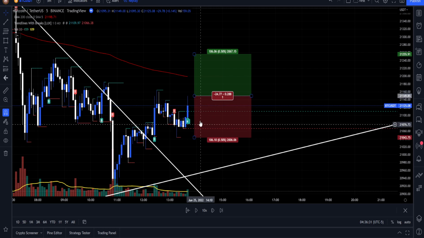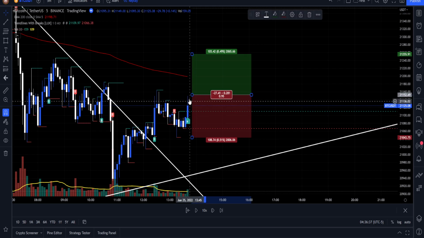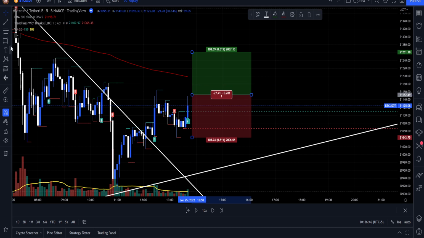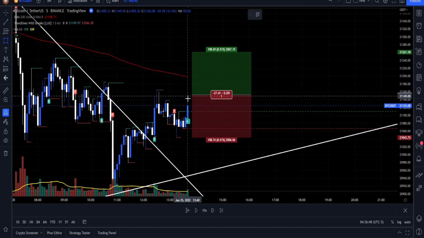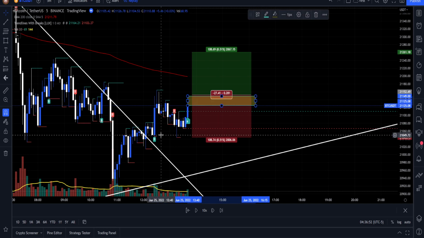So this would be our entry just above this as structure would paint it, because price will have to break that wick structure in order to move up. And structure is typically painted, in my eyes, basically like that on top of the wick.